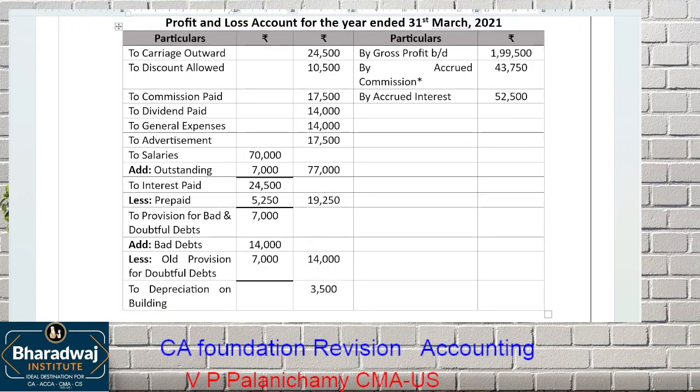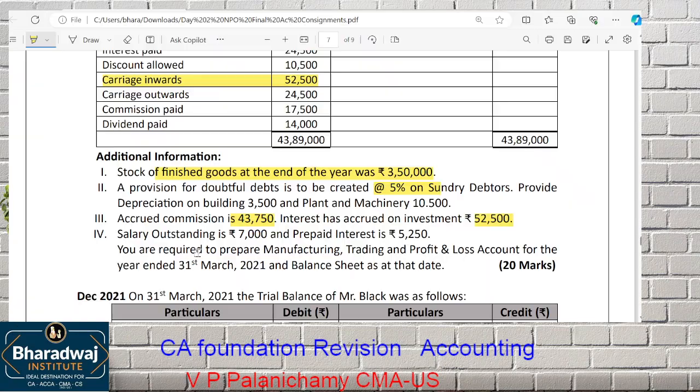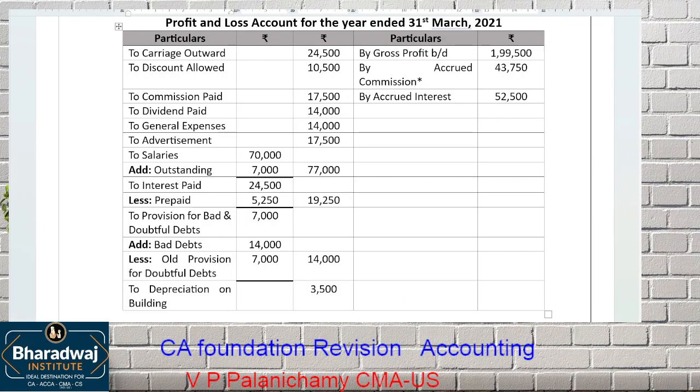Any other thing? Is there depreciation on loose tools? Loose tools is in the balance sheet, it's an asset. Tally it, and of course, you get net profit.